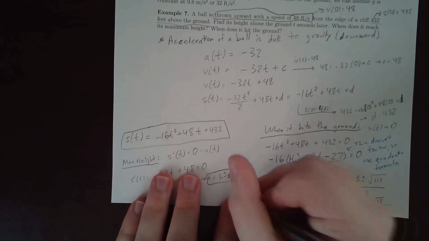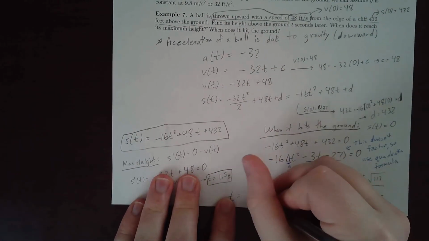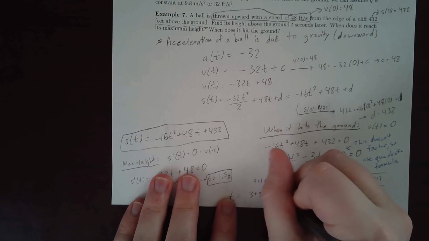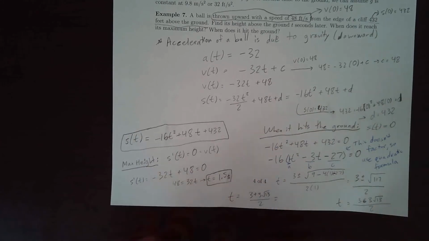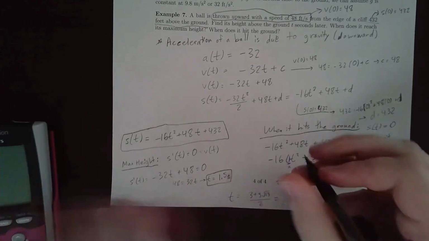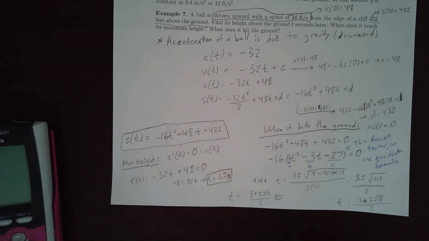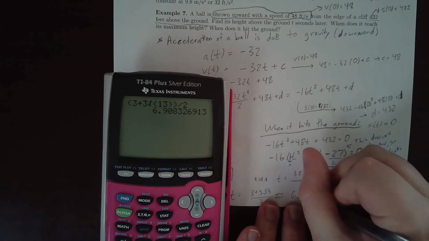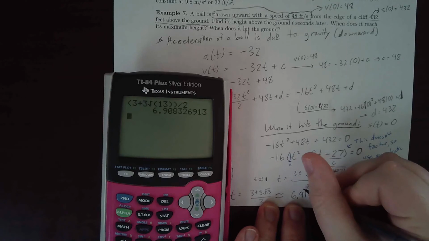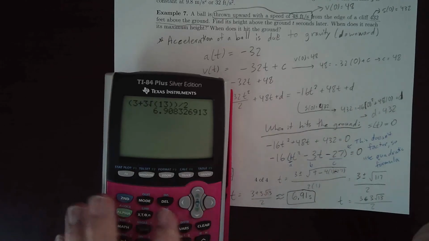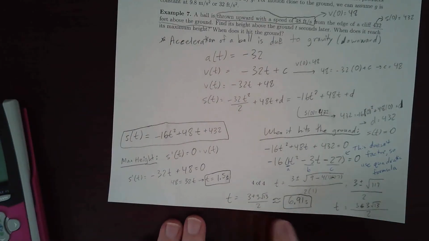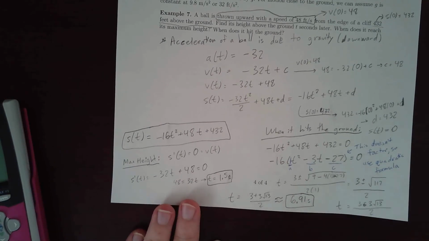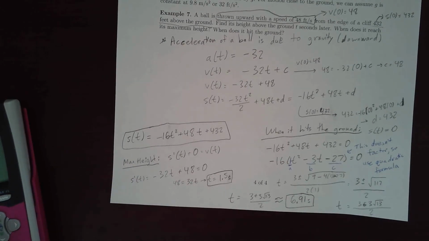So that means that t will be equal to 3 plus 3 times the square root of 13 over 2, which means we will get roughly, let's go ahead and type this in the calculator just to be sure, 6.91 seconds. So it's going to reach its maximum height after 1.5 seconds, and it'll hit the ground after about 6.91 seconds.